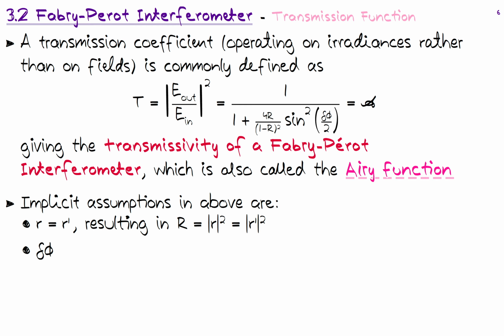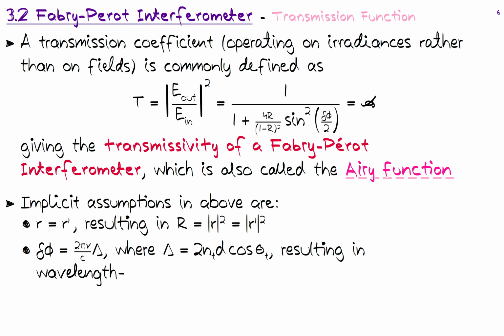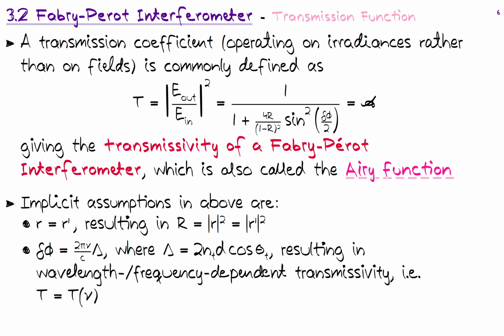And then we have this phase factor delta, which, given the previous course's notation, is 2 pi nu divided by speed of light times capital lambda, where this capital lambda is the phase difference between subsequent subfields, and this gives rise to a wavelength or frequency dependent transmissivity. In other words, the fact that this transmissivity really depends on the frequency of light.